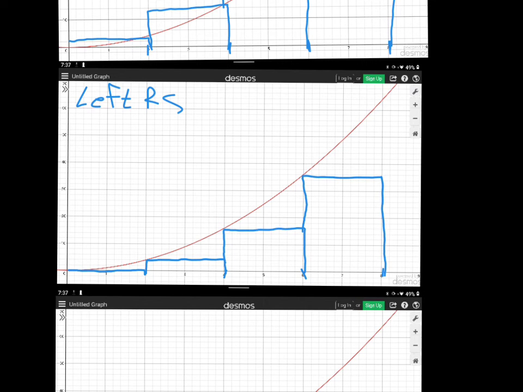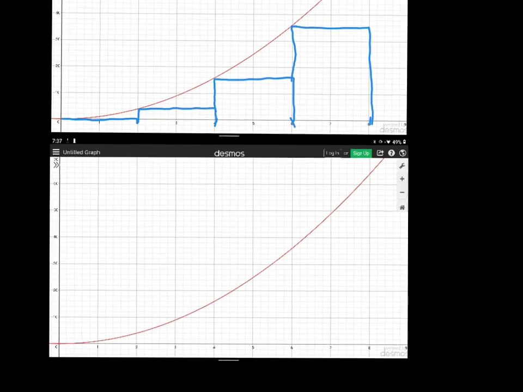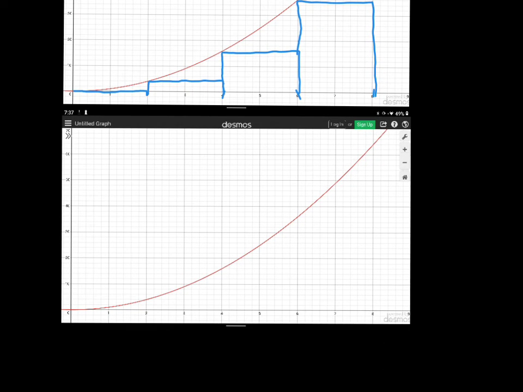All right, now let's do the midpoint Riemann sum. And here's our subintervals that we decided on. So this one's hard to draw. Oh, I did pretty good.